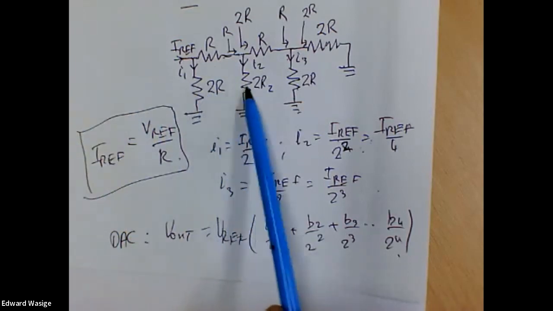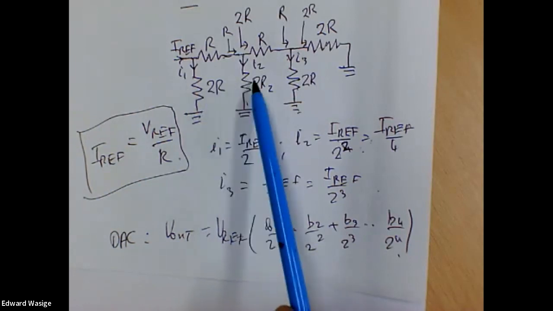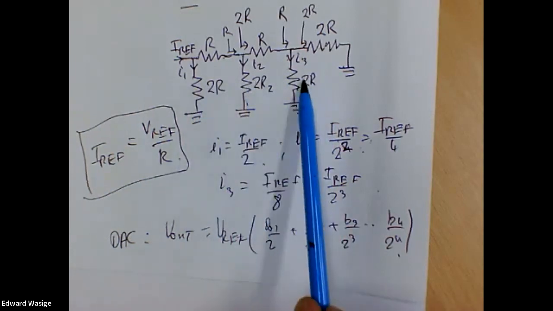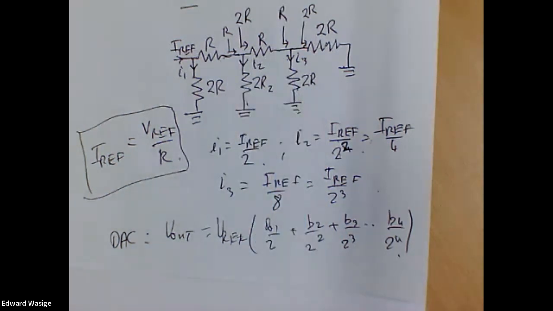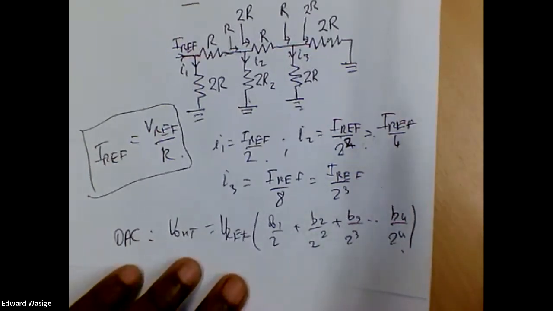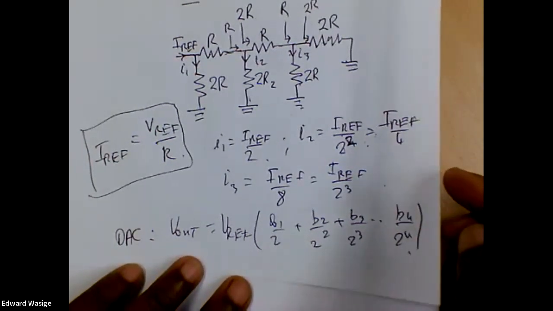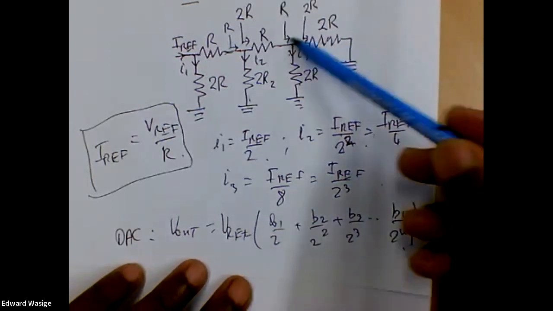Too high, the accuracy suffers; we'd like these resistors to be matched, which is easier when you make a chip. So there's an engineering judgment we have to make in terms of the size of the resistor, but tens of kilo ohms, not too high. So let's do our weighted resistor DAC based on this circuit.